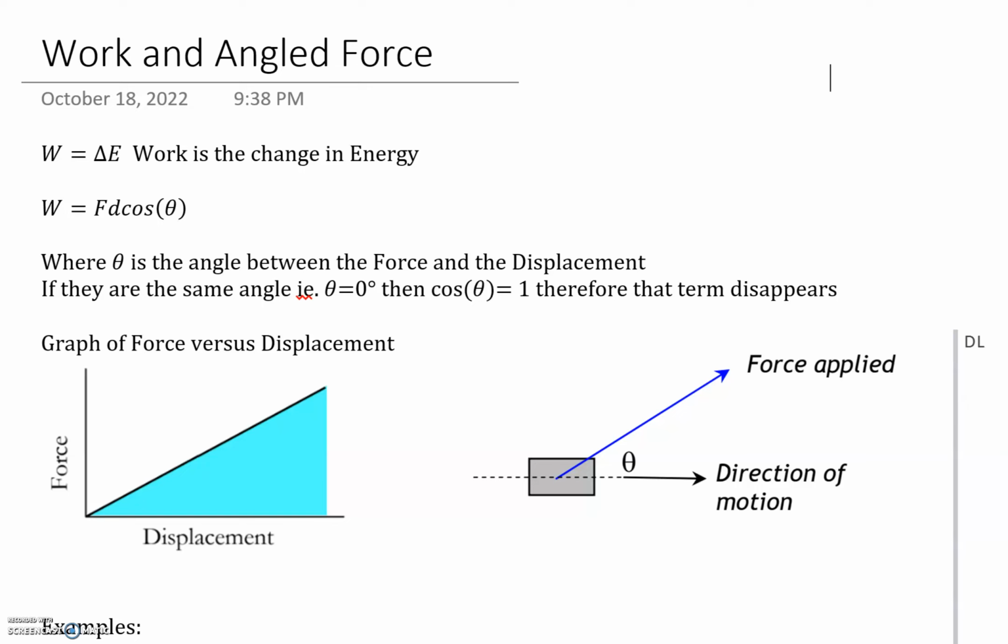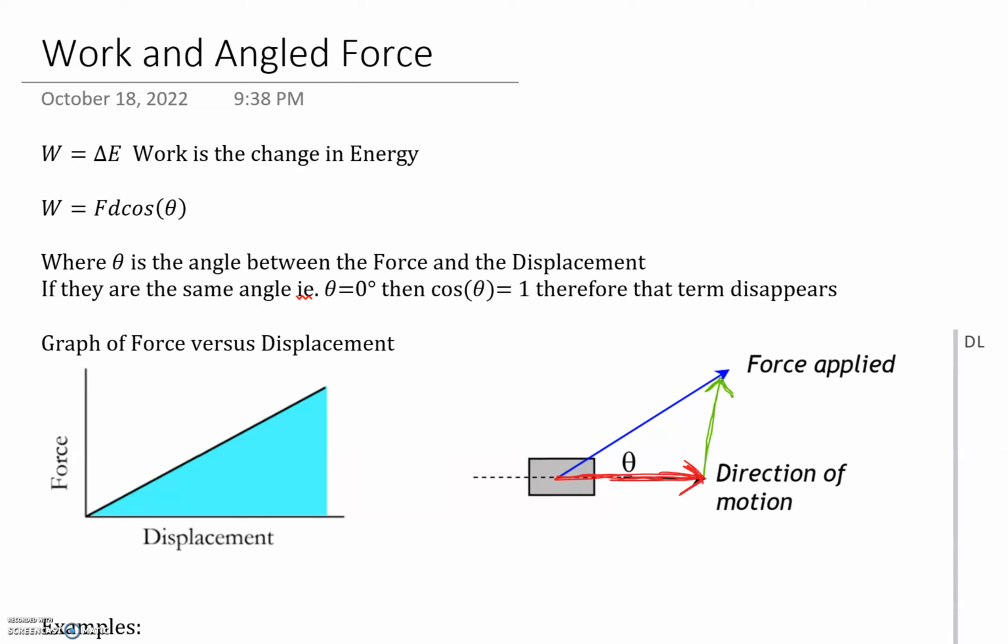But the big thing here, this year, is that it is times cos theta. So why cos theta? Well, because our force applied has two components to it. We've got the green part, which is our vertical part, and we've got the horizontal part, which is this red part here.